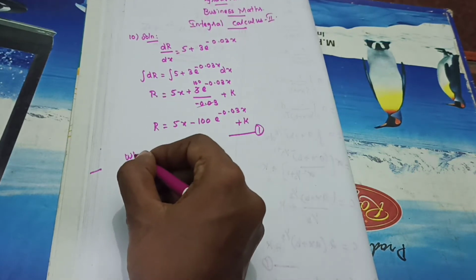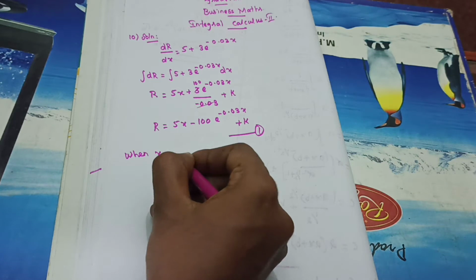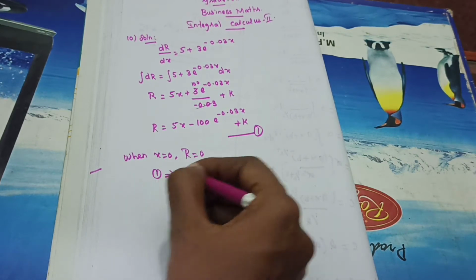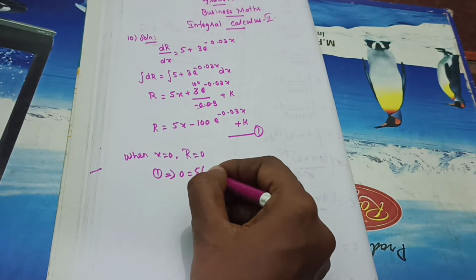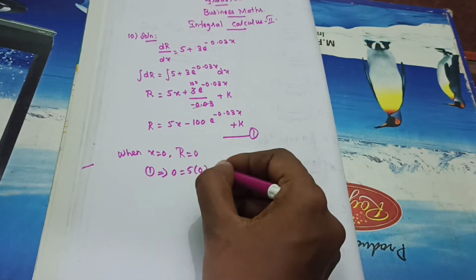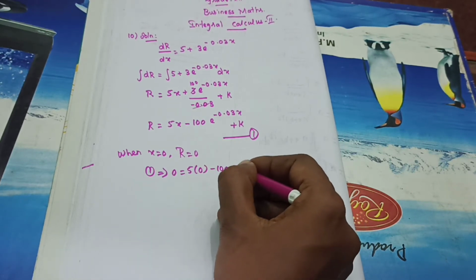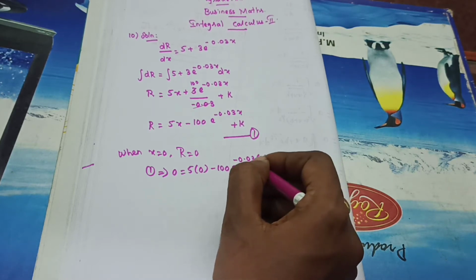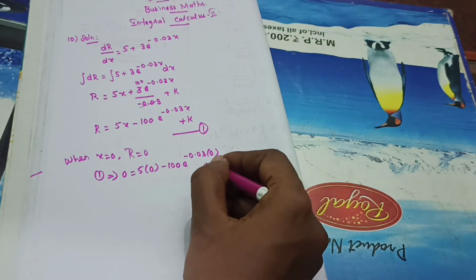So what do you do then? When x equals 0, R also equals 0, to find the k value. So substitute in equation 1. 0 equals 5 into 0 minus 100 e power minus 0.03 into 0 plus k.